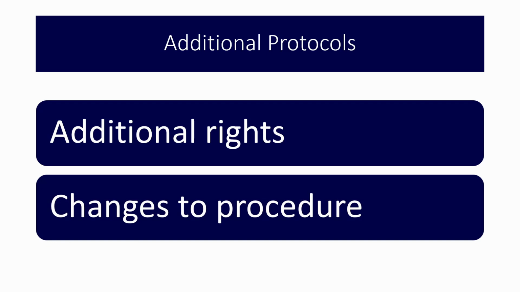In addition to that, there are additional protocols which provide for changes to the proceedings before the ECHR. Sometimes that is necessary to deal with new circumstances. For example, it became clear some years ago that the European Court of Human Rights was not able anymore to handle the immense number of applications.